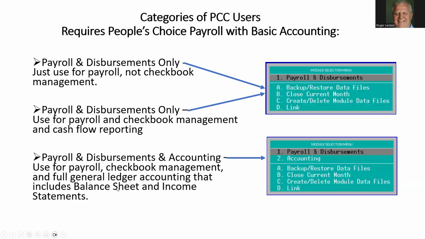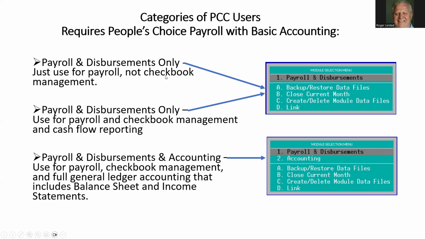So just to get an idea, there are different categories of People's Choice Classic users. I'm just showing you that when you open your People's Choice Classic, if it looks like the first one on the list where it just says payroll and disbursements, you might be one that's only using this for payroll, but not the checkbook, or you may be using it for payroll and keeping track of the checkbook.